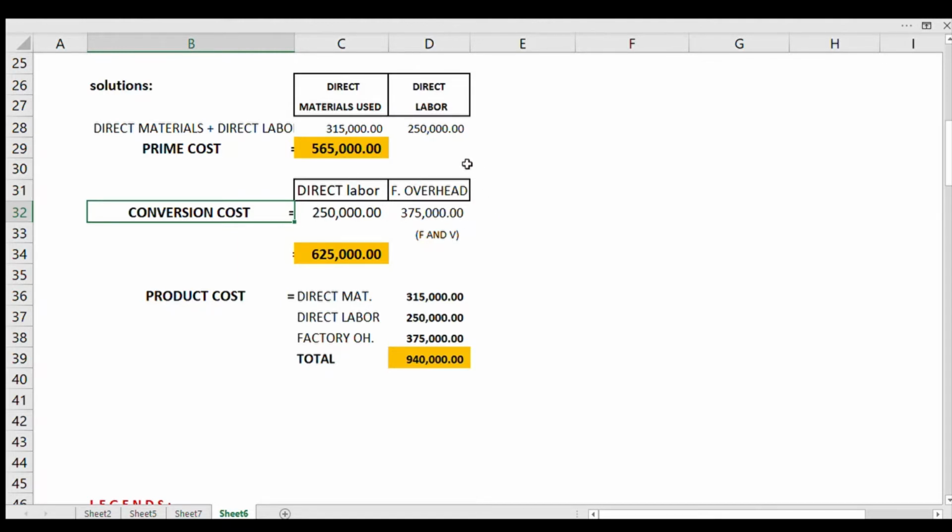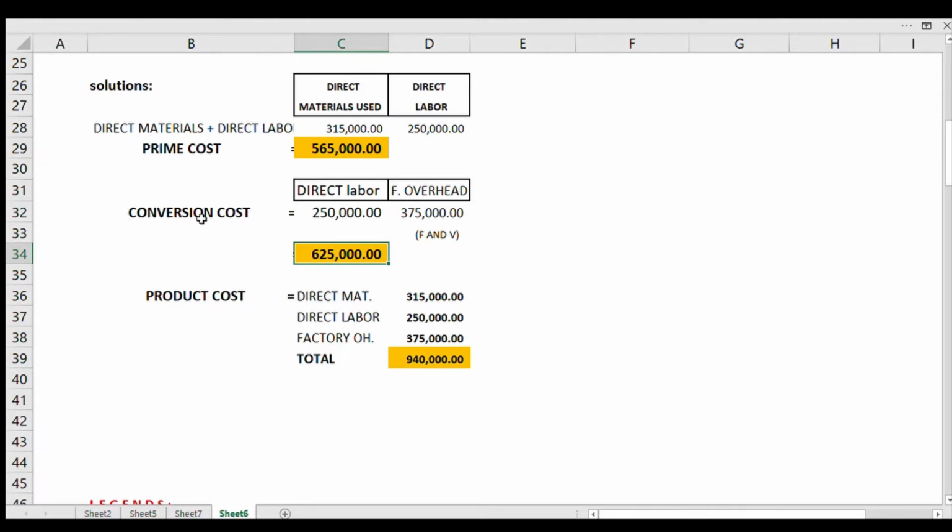Separating the fixed and variable is a different requirement, a different story to tell. But at this point, when we say conversion cost, it is labor costs and factory overhead. So we have 625,000 for the conversion cost.